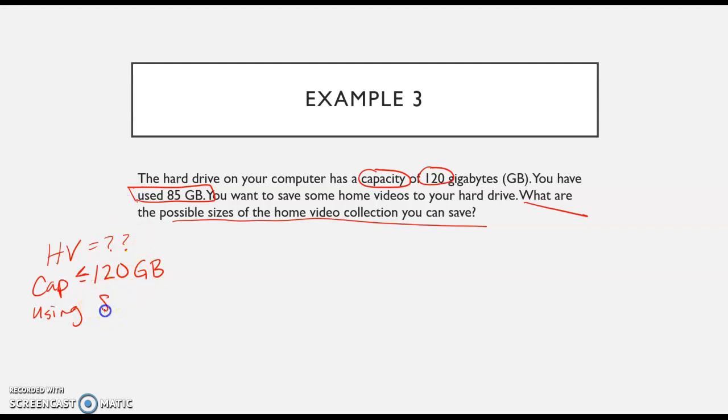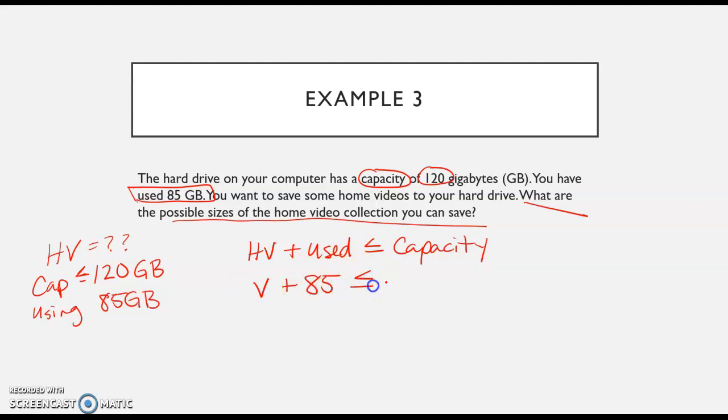So using 85 gigs. So I know that my home videos, right, plus what I've used has to be less than or equal to the capacity. Right, that's how I'm setting it up. So I don't know home videos. I'm just going to call that V for video. Plus, the 85 I've already used has to be less than or equal to the 120 gigs that we can put on.